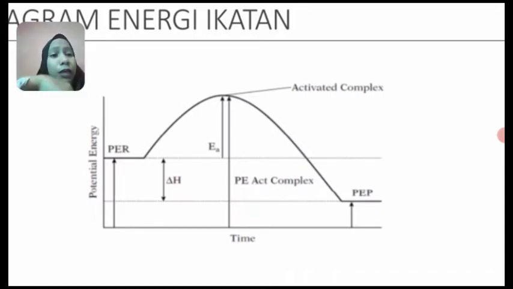Dan pada garis yang melengkung di atas terdapat aktivitas kompleks atau energi potensial kompleks yang teraktivasi. A is the amount of activation energy. PE of the reactant and PE of the product are the potential energy of the reactant and product. Delta H is the change in heat of reaction.